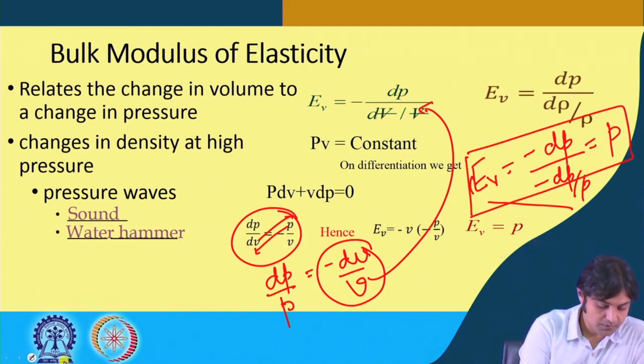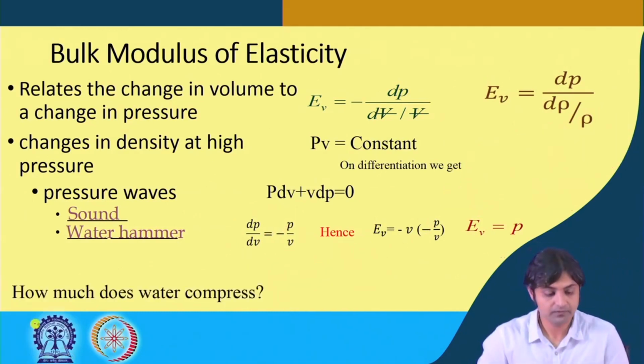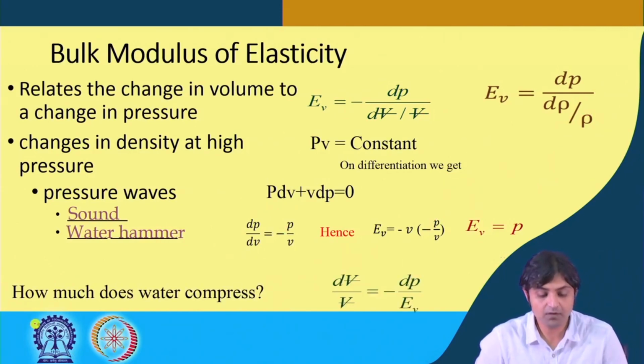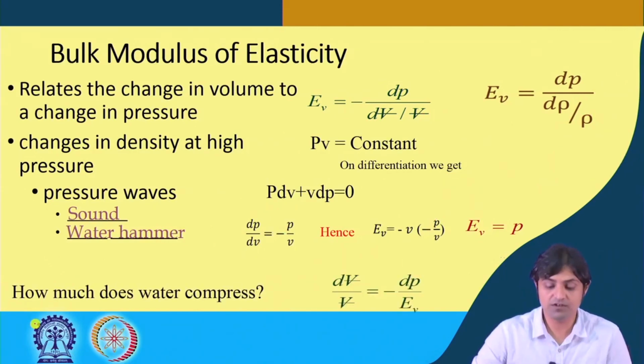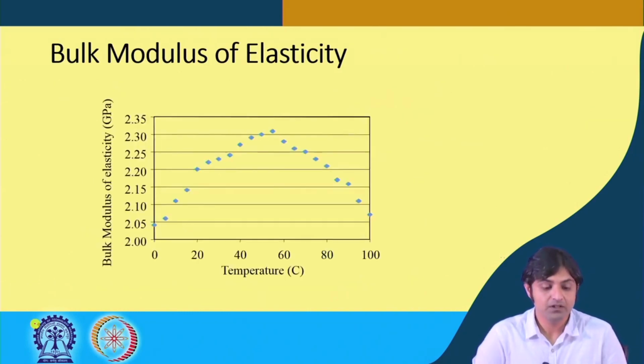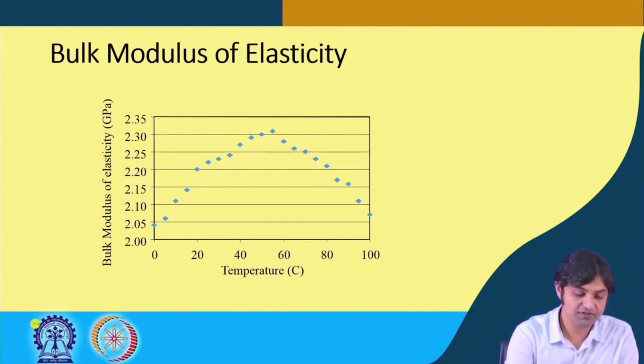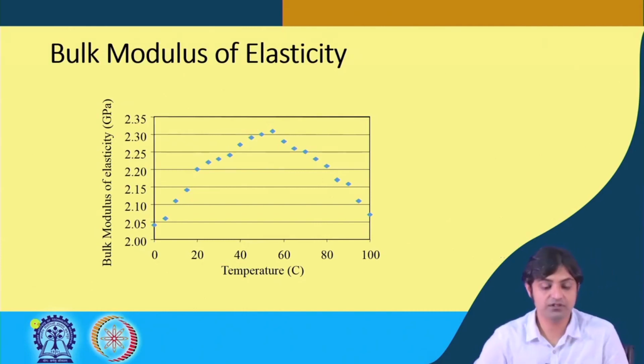Now we proceed to the next slide. How much does the water compress? It's the same equation, dV by V is equal to minus dP by Ev. This is the figure which shows the bulk modulus of elasticity and how it varies with the temperature. As you can see, the bulk modulus of elasticity increases as the temperature increases to a certain value and then starts decreasing.